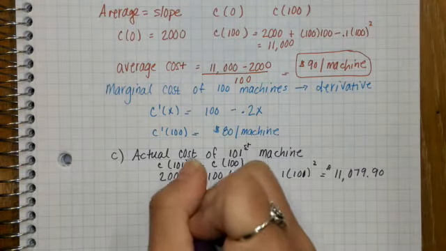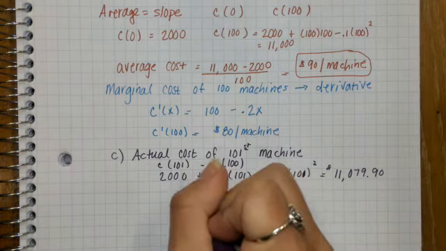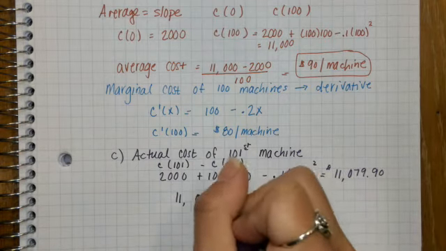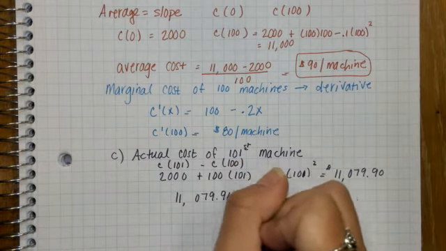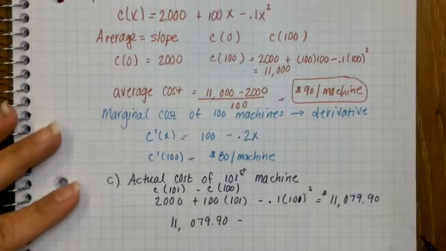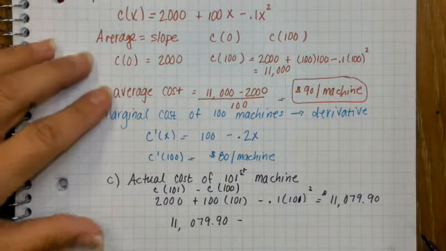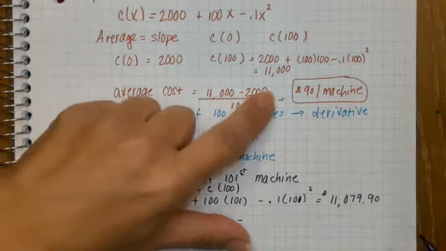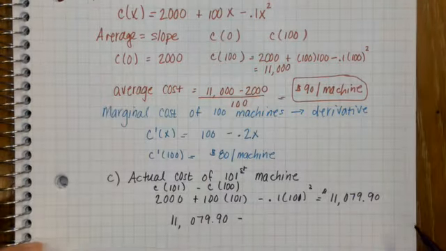So the actual cost is going to be $11,079.90 minus the cost of the 100th machine, which I believe we figured out here somewhere was 11,000.